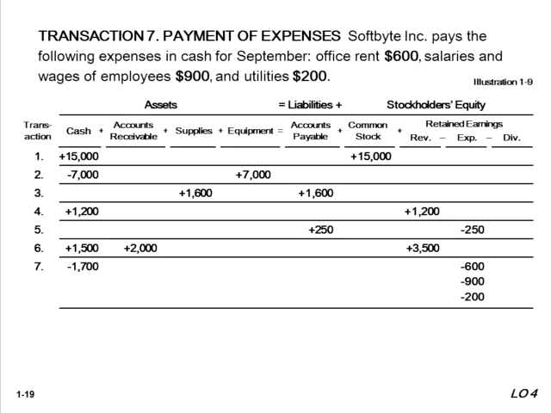All right, SoftBite pays the following expenses in cash for September: office rent of $600, salaries and wages of employees of $900, and utilities of $200. Key word here is pays, and that means that cash is going to go out, so we have to decrease cash by $1,700.